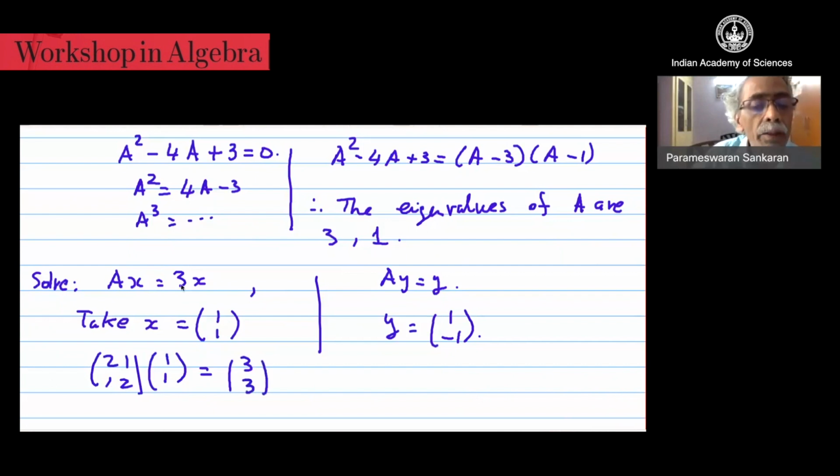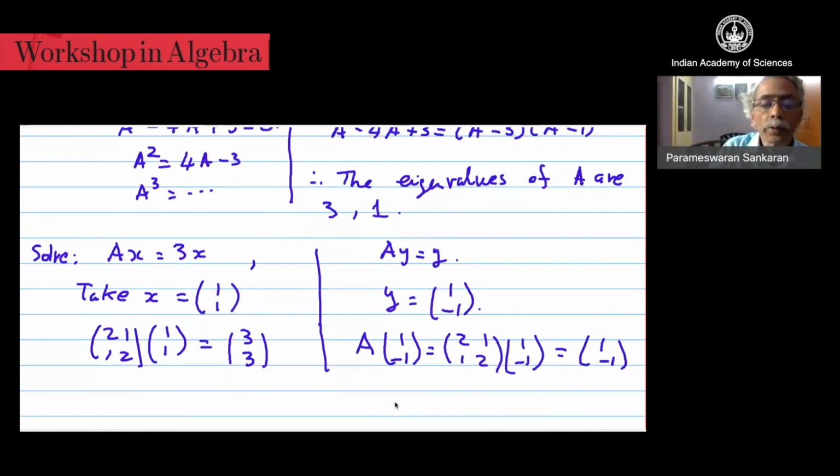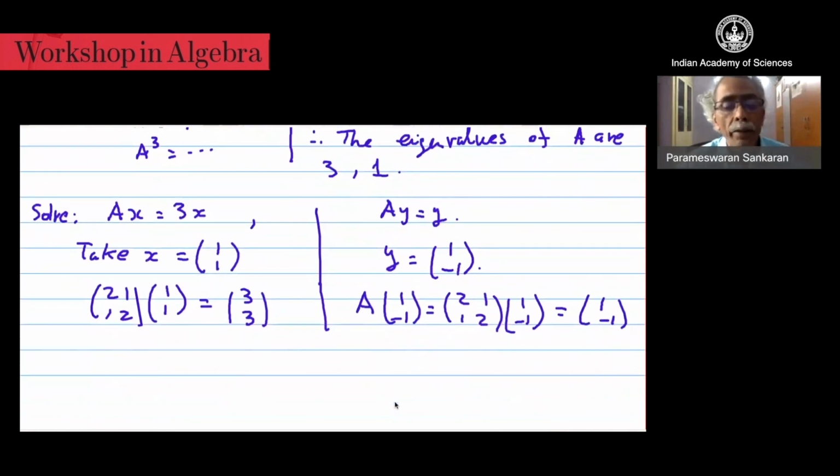That's exactly correct. Likewise, A times (1, -1) gives 2 minus 1, which is 1, and 1 minus 2, which is minus 1. So these are indeed the eigenvectors.